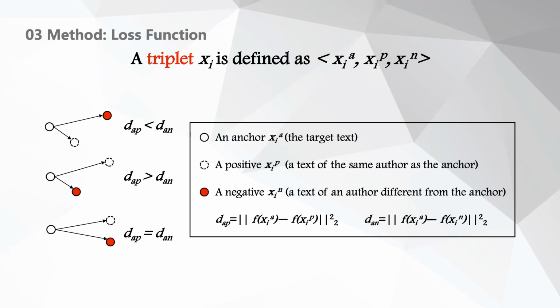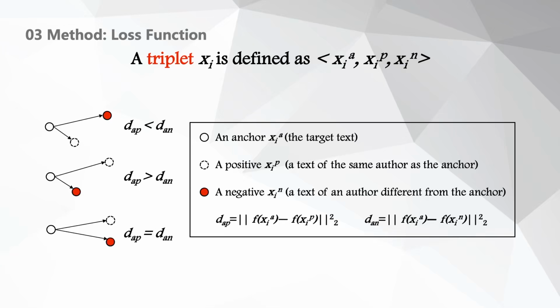Initially, the 3 texts are mapped into 3 random locations, and the positional relations among 3 points can be categorized into those 3 cases, which are shown on the left. Remember, the distance indicates the text similarity. The first one is when positive is closer to the anchor than negative, which is a case we like to see.